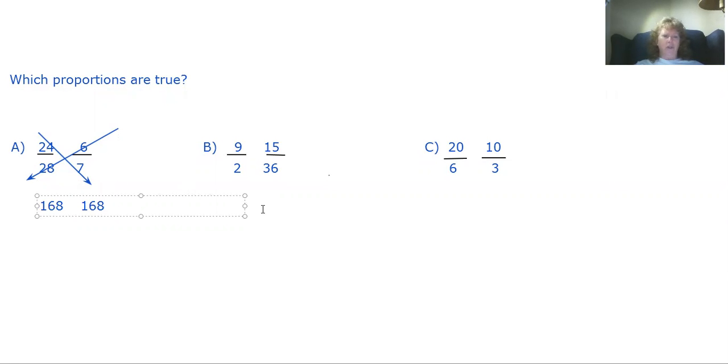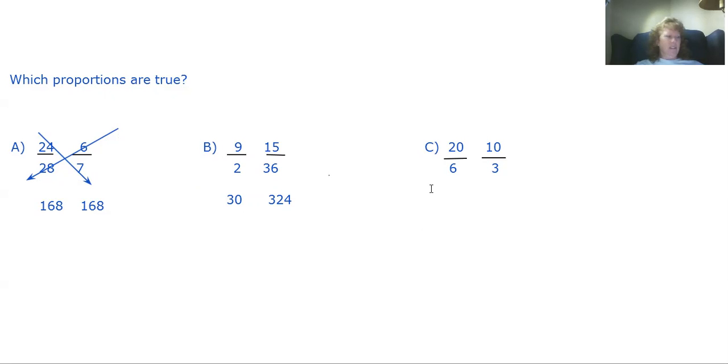So those are truly proportions. They equal each other. Here, if we cross multiply these numbers, we have 15 times 2 is 30, and 9 times 36, which is 324. So that is not a proportion.